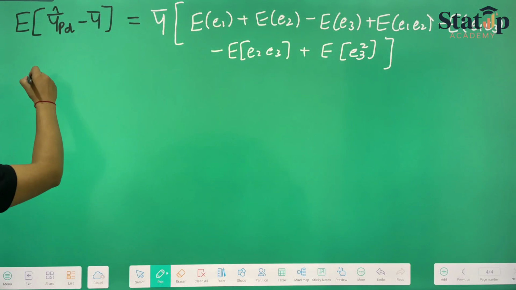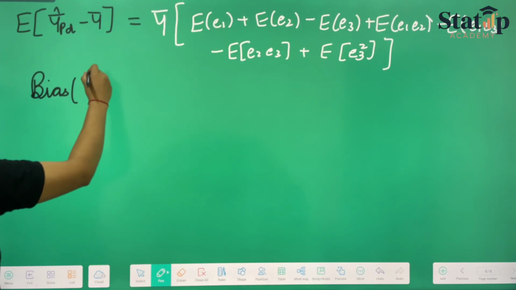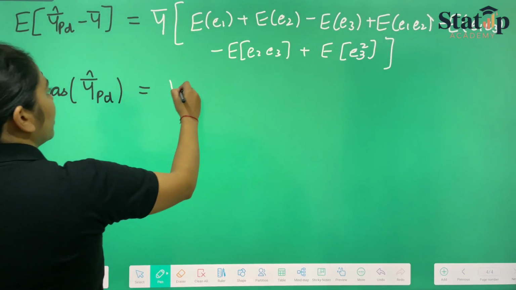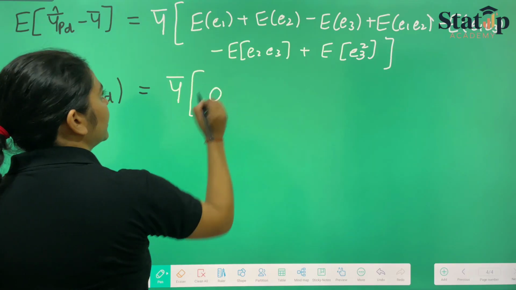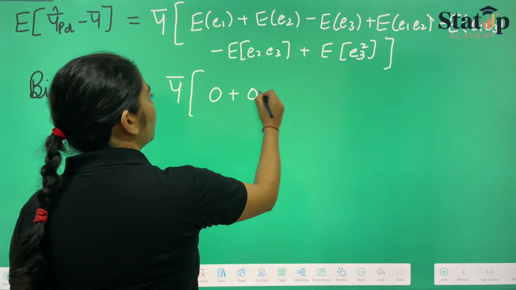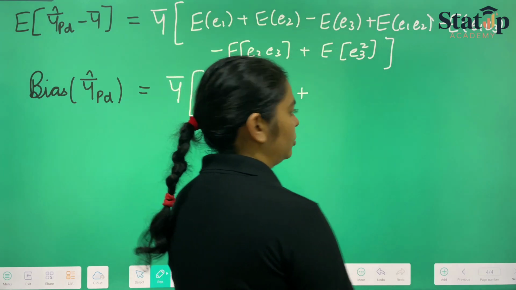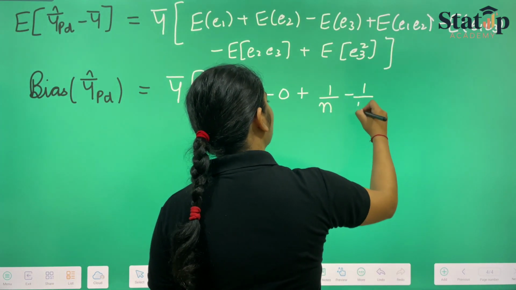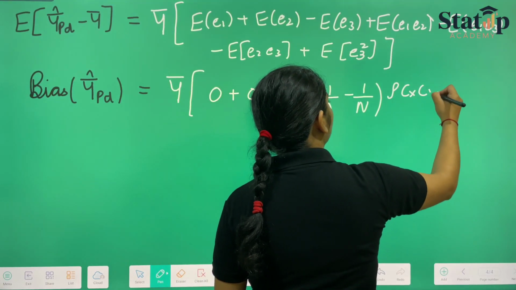Now this can be written as bias of product estimator of double sampling is equal to, keeping the values E1, E2, E3 as 0, so I am writing 0 plus 0 minus 0. Estimation of E1 and E2 was 1 upon n minus 1 upon capital N into rho Cx Cy.